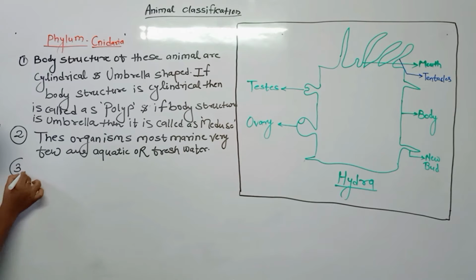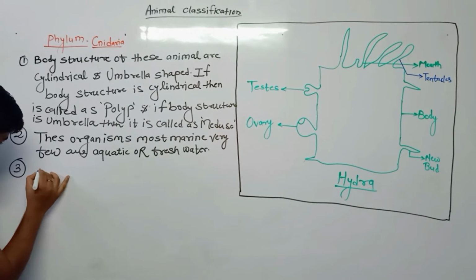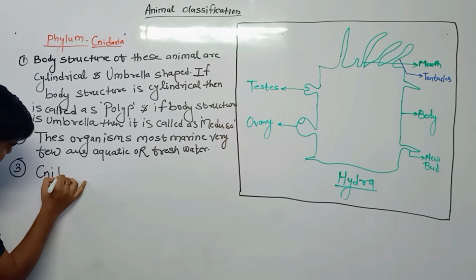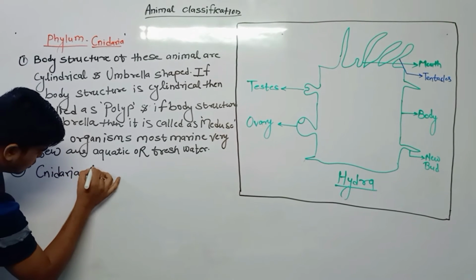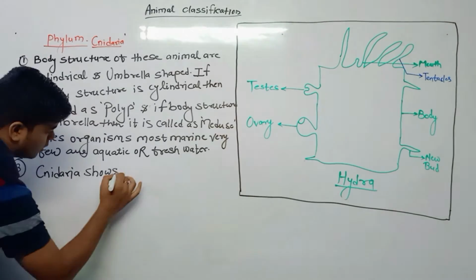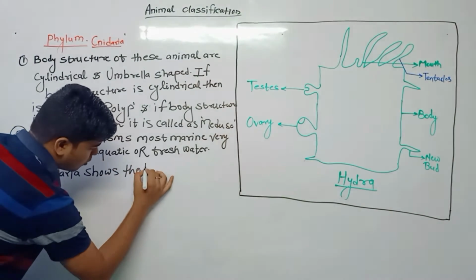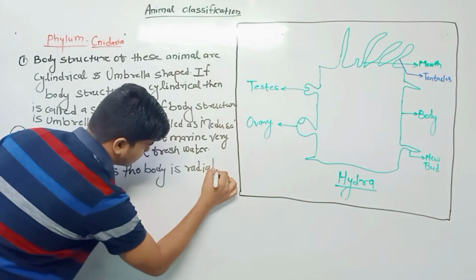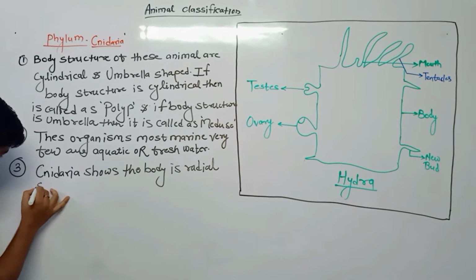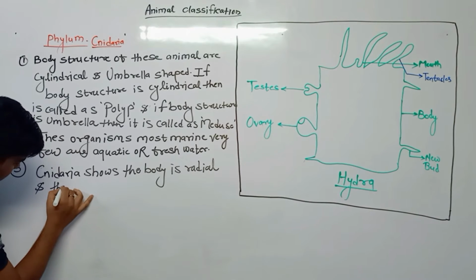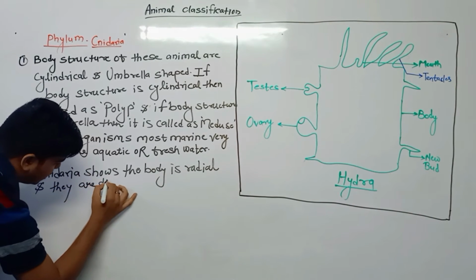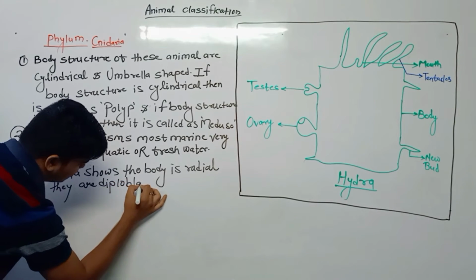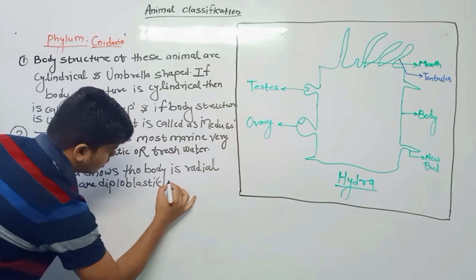Number 3, this is also one of the very important characters, that Cnidaria shows body symmetry is radial, and they are diploblastic organisms.